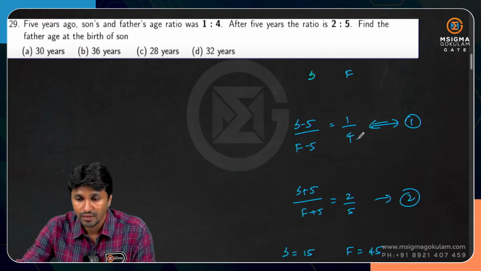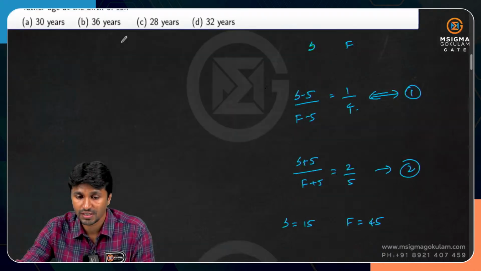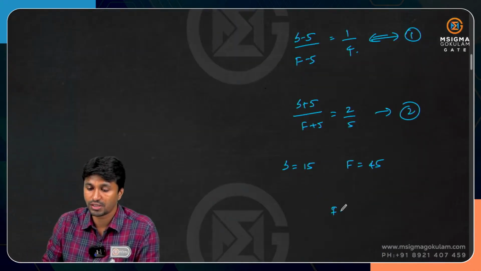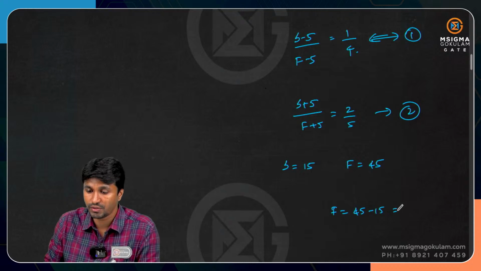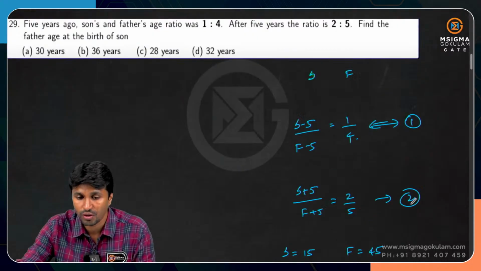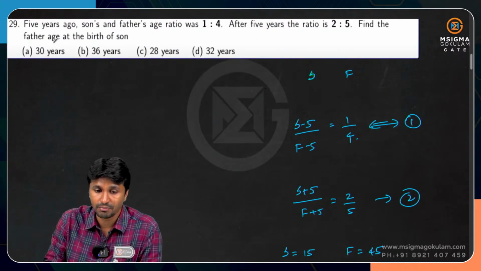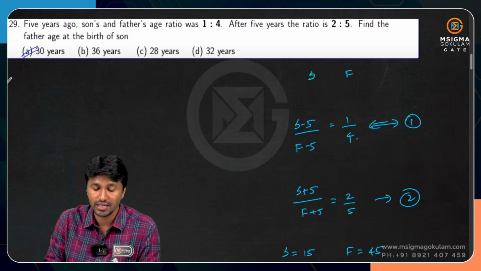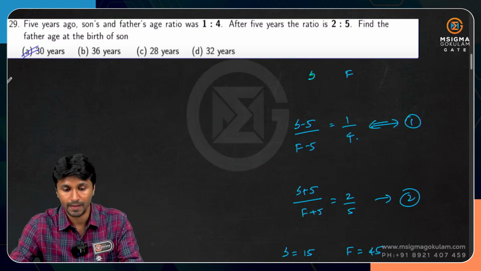What is he asking? Find the father's age at the birth of the son. So you subtract 45 minus 15, which is 30 years. So the father's age at the birth of the son is simply 30 years.